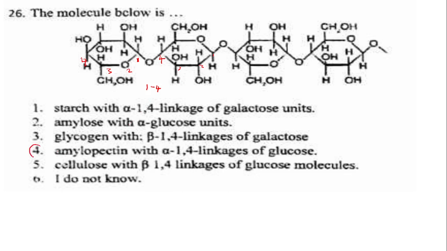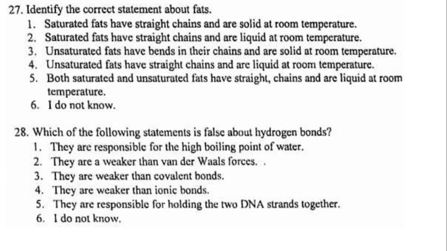So the answer here is amylopectin with alpha 1,4 linkage of glucose. Make sure that you do your research on that, and you can also check the lecture notes and the lecture video which I posted on our YouTube channel. We can move on.